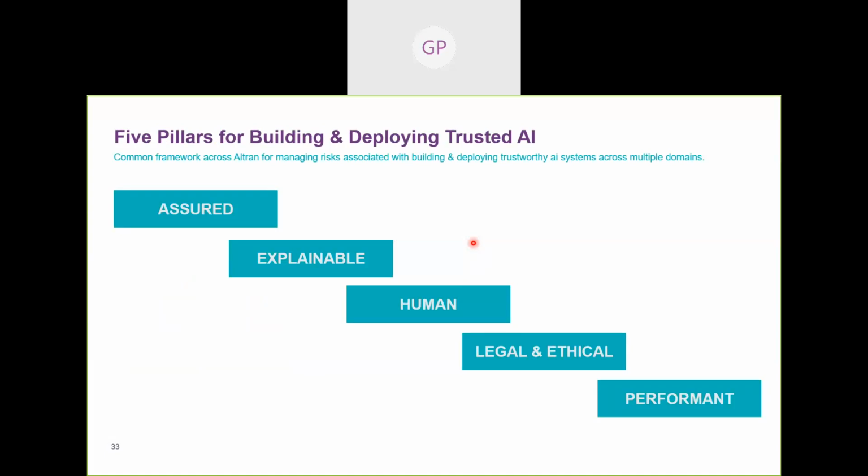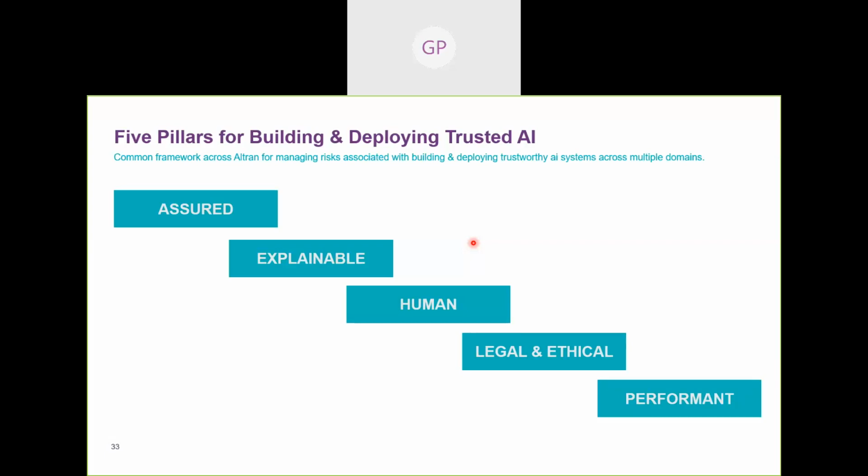We have come together to build 5 pillars for building and deploying trusted artificial intelligence. What are those? They are assured, explainable, human, legal, ethical, and performant.